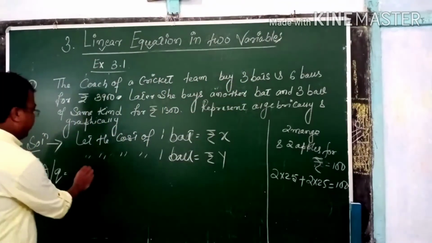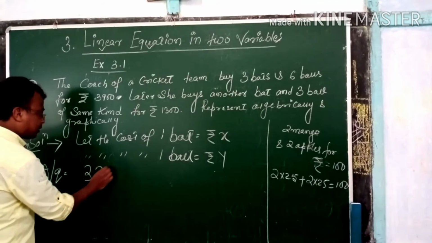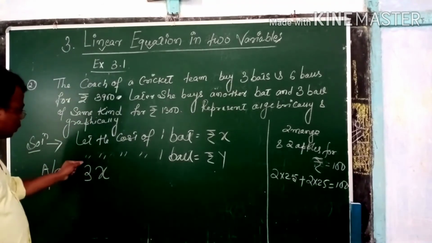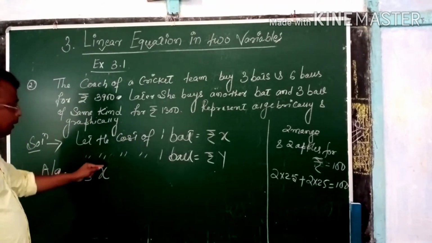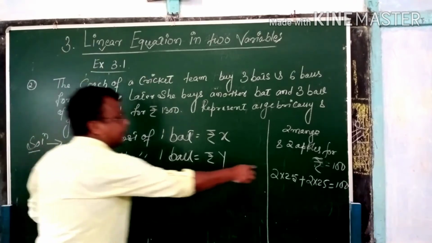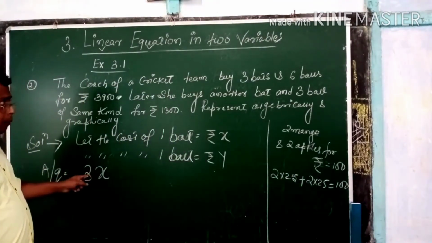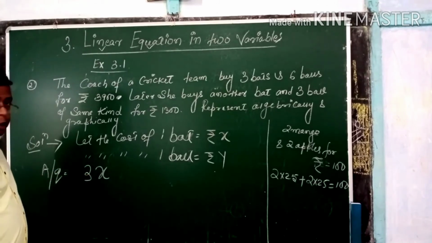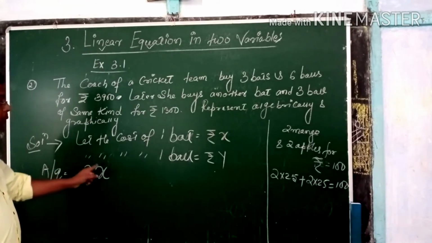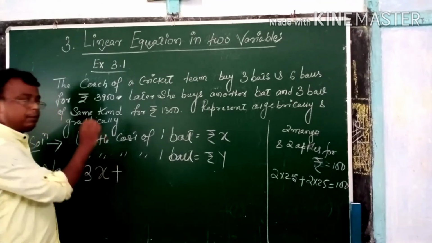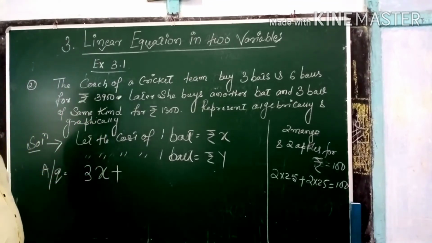So 3 into X, the cost of one bed into the number of beds the coach purchased. So 3 into X plus, since I am writing the total cost, that's why I have given the plus sign here.